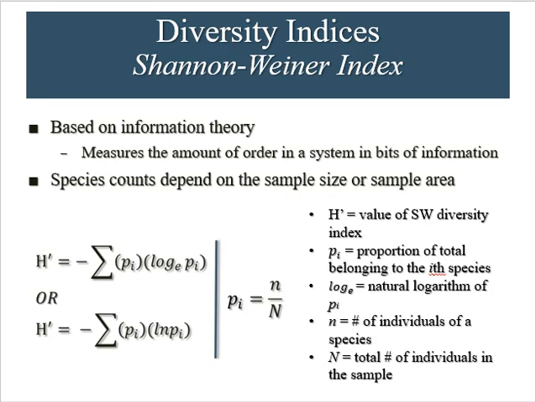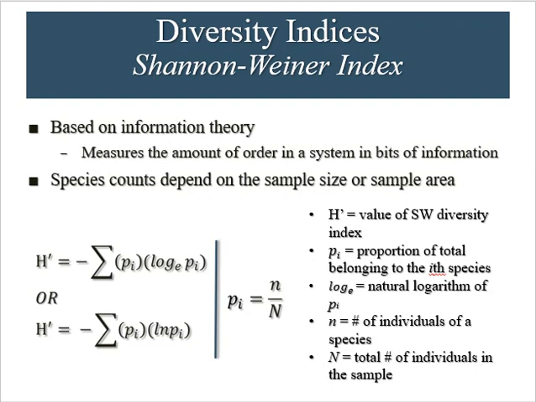One index that is commonly used in research is the Shannon-Wiener index, or the Shannon index. This is a type of information index.